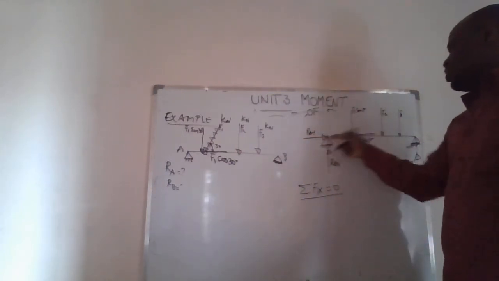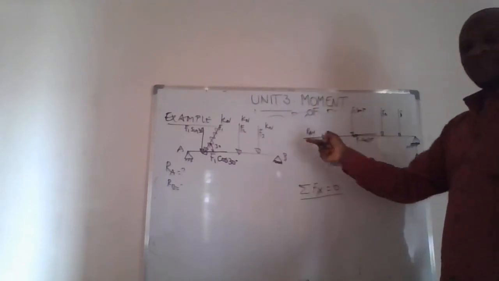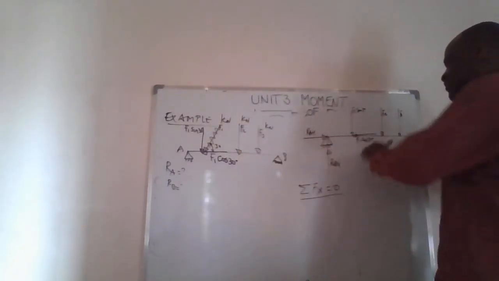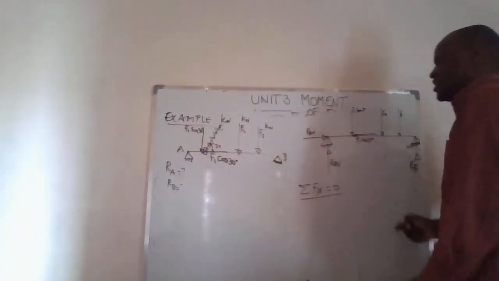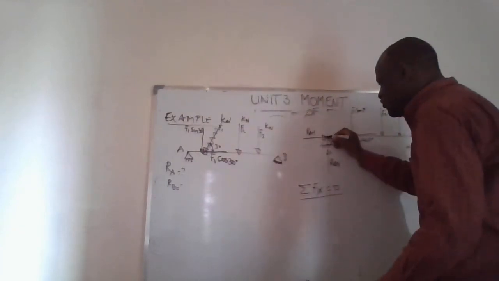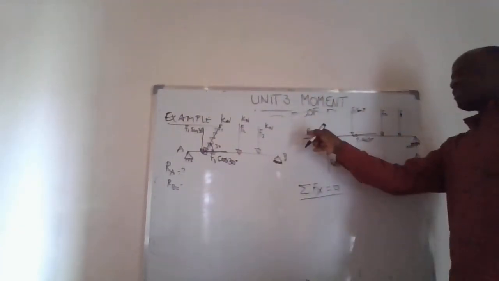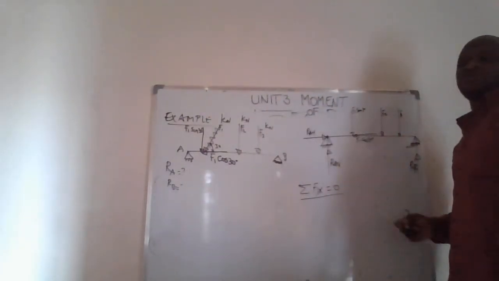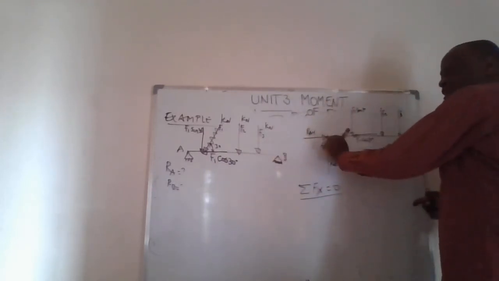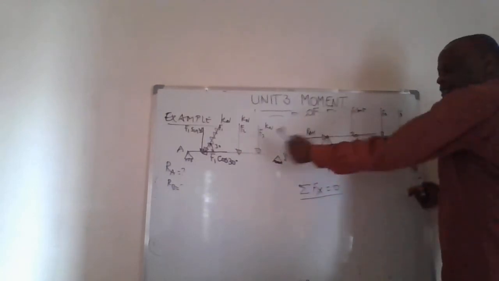RAH, which will be triggered by the fact that we have F1 cos going in the other direction. It will have a tendency of pushing the beam that side, while the beam can't move sideways in this direction because of this pin support. Definitely, there will be a reaction. This F1 cos creates an action which will be balanced by the resistance of the beam in this direction.